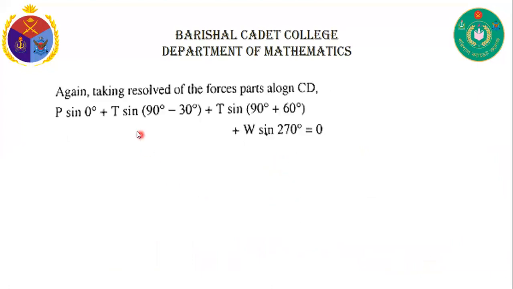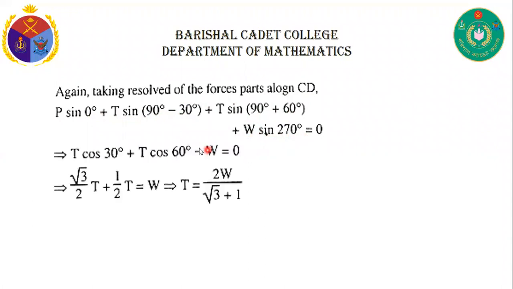So again, taking resolved parts of the forces along CD. That's P sine 0 degrees plus T sine 90 minus 30 degrees plus T sine 90 plus 60 degrees plus W sine 270 degrees. Now sine 0 degrees equals 0, so P vanishes.